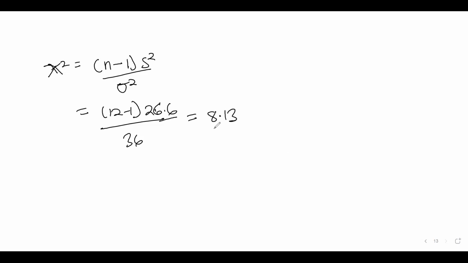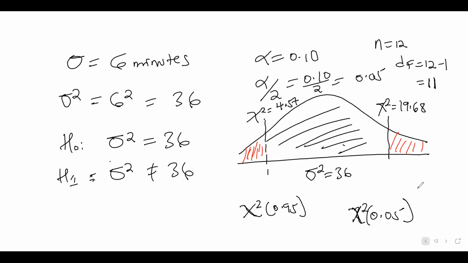All right. So this is the computed chi-square. So let's go and fix it in our table. 8.13, the computed chi-square, will definitely be between our upper bound and our lower bound, okay? So we would not reject the hypothesis.